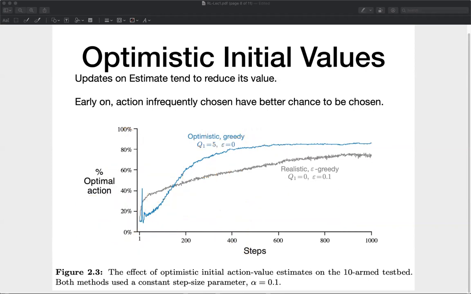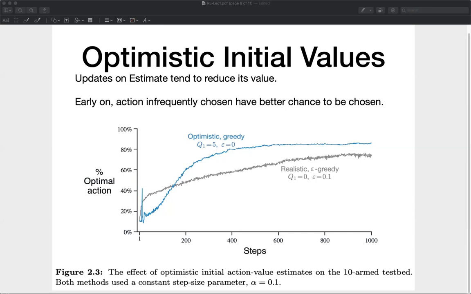Okay, so we've got 15 minutes left, so I gotta hurry up. We have now talked about stationary and non-stationary targets. You do that by either fixing the step size or having the 1 over n, the diminishing step size. What I want to talk about here is what happens if our initial estimates weren't 0 but rather optimistic.